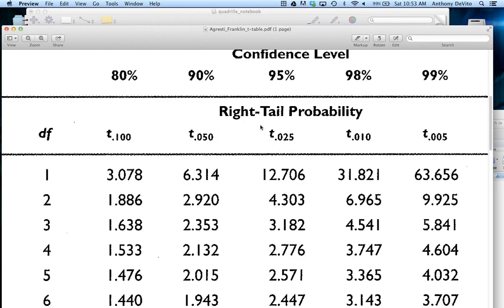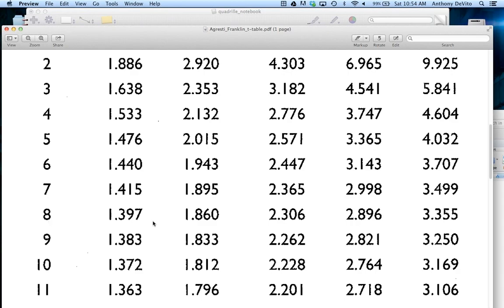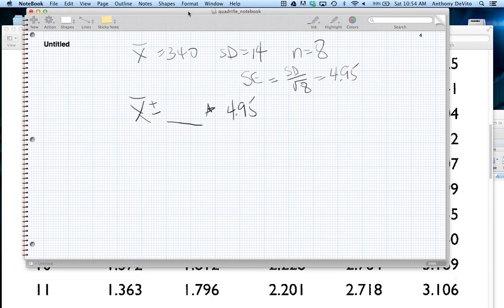A tailed probability, right? They say right tail, but if it's a 2-sided test, it's right tail and left tail, right? This is for 2-sided probabilities. Be 0.025 in each side. So this would represent a 5% chance of being wrong, or a 95% confidence interval, same thing. So for 8 degrees of freedom, the number we're going to use is 2.306.